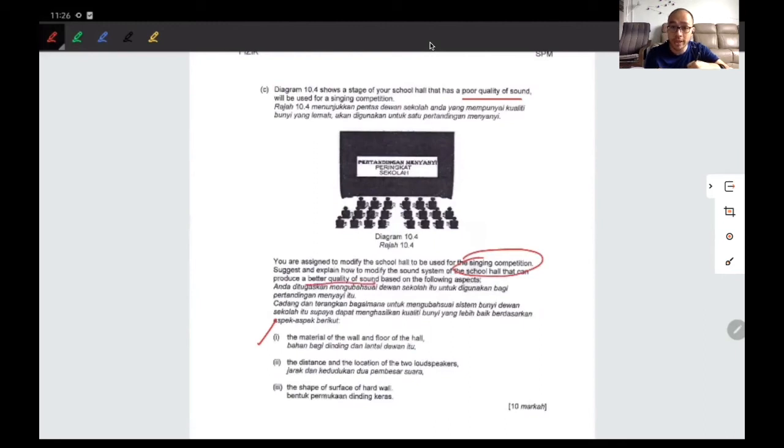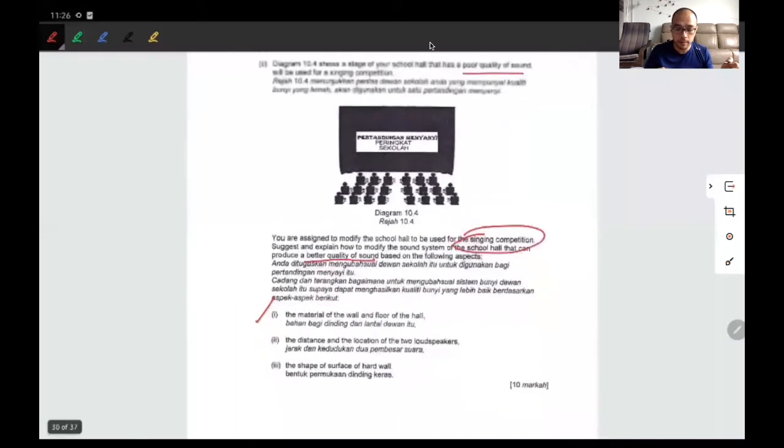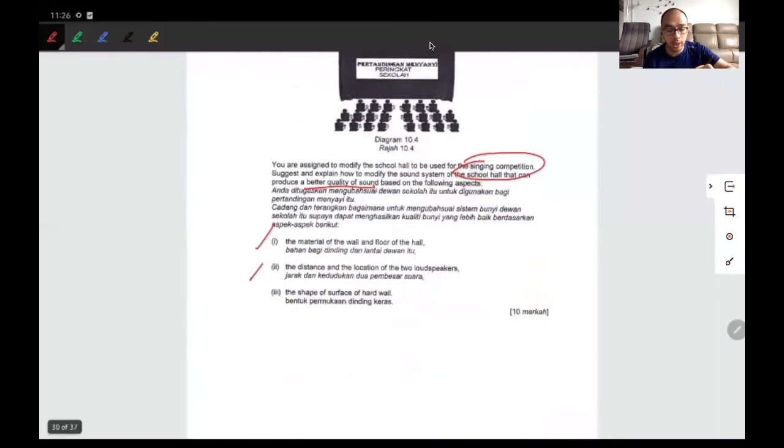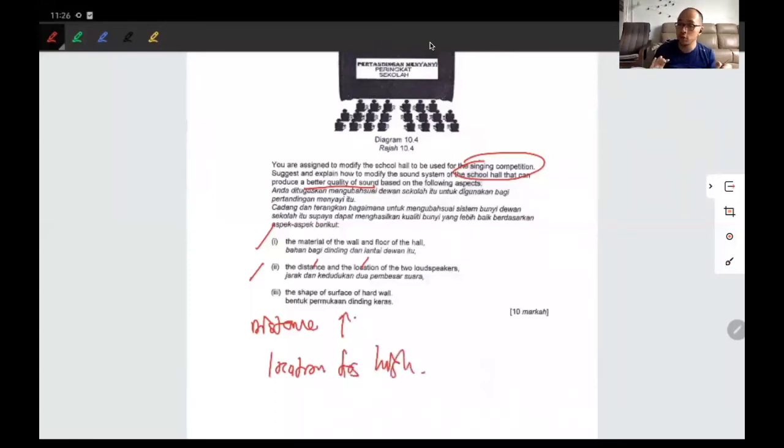So these three aspects: material of the wall and the floor of the hall, and the distance and the location of the two loudspeakers. One is distance, one is location. We want the distance to be big, and then the location to be high.